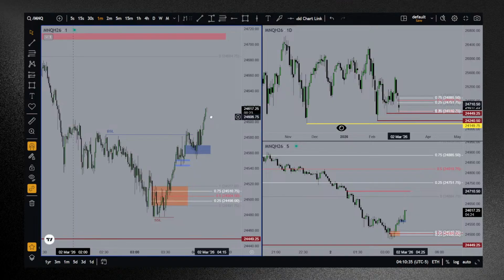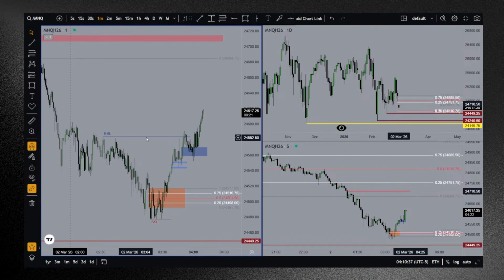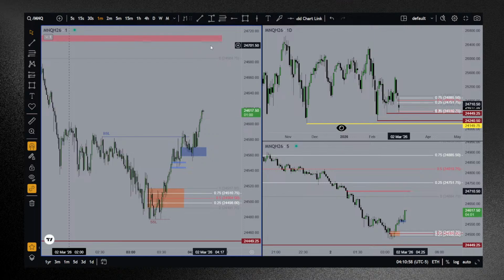So no problem, because it didn't offer any significant displacement lower after taking the buy side here, it's quite fair to expect, or at least give it a try. It might still fail to reach that new week opening gap, and that will be intel too. But if it wants to do so, then I'm fine with it. I'm all for it.